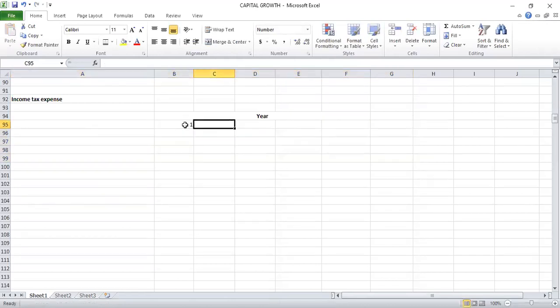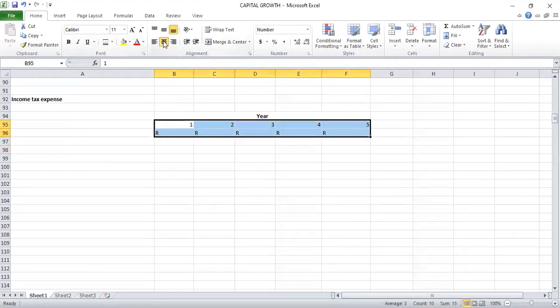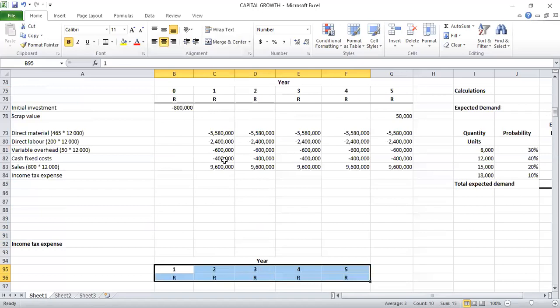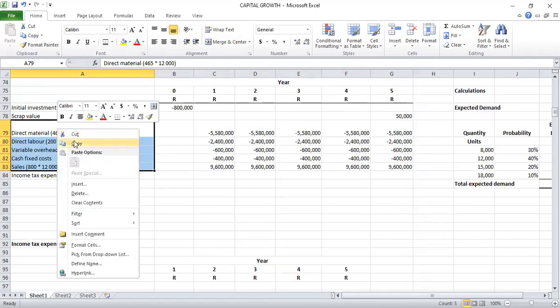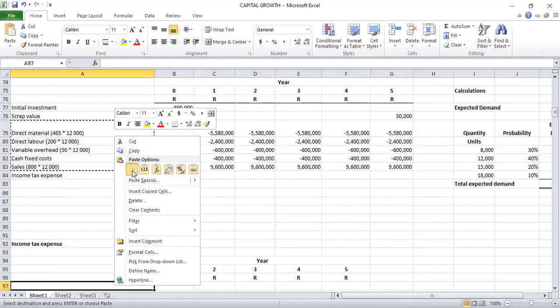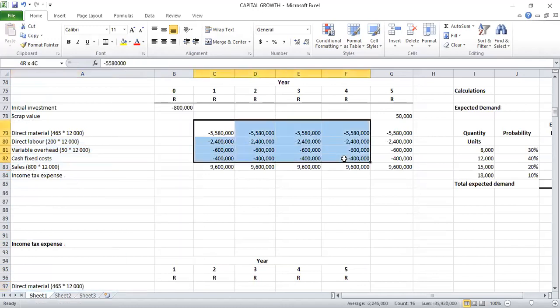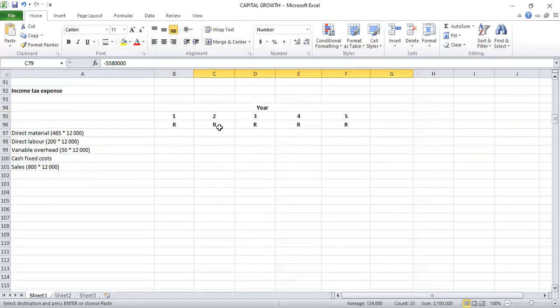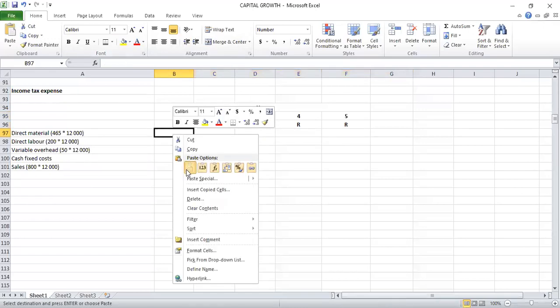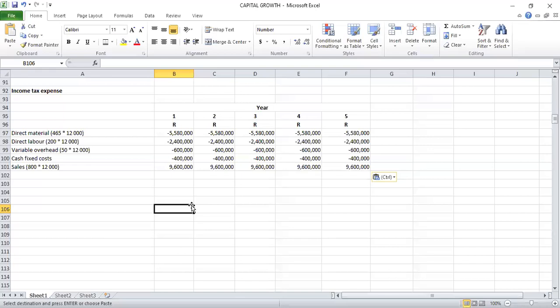Right, so I'll just take the incomes and expenses here. Right, so I just took the incomes and expenses.